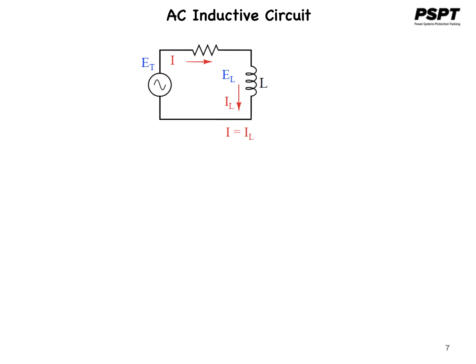I'm going to designate the voltage drop across the inductor as EL, and the current through the inductor as IL. And we are going to concentrate on only the voltage and current with regard to the inductor. So the time domain graph of this current and voltage will look like this.